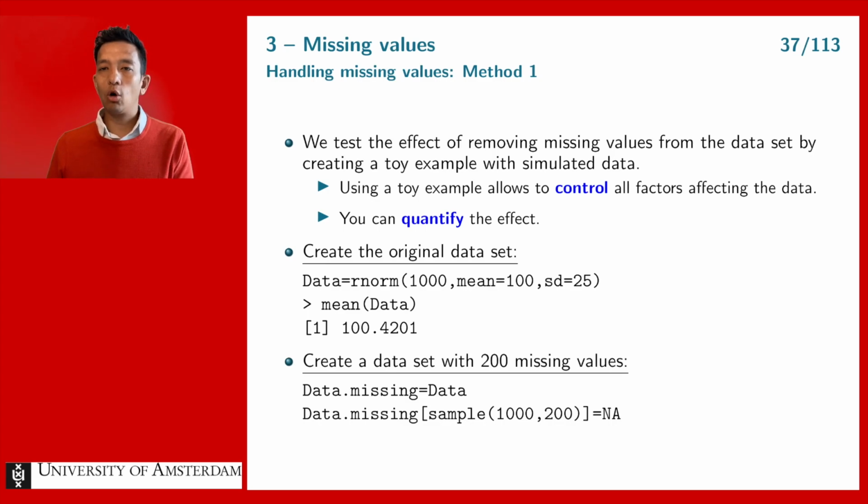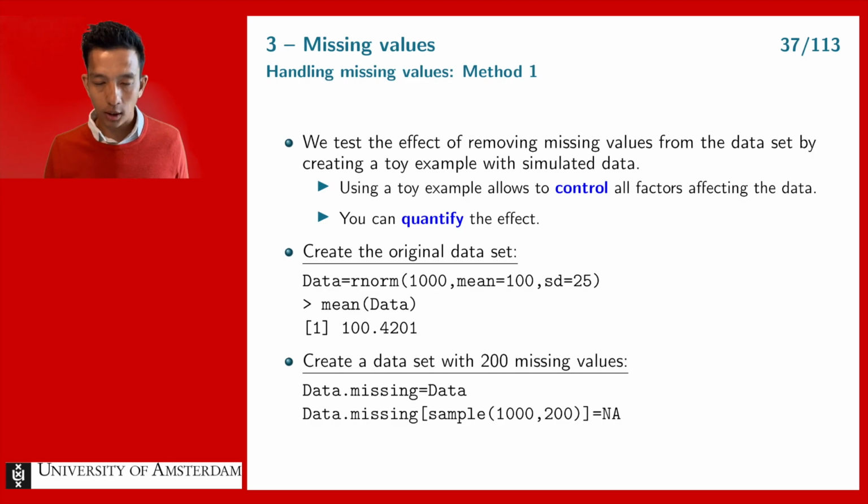You can determine your results, a mean or a variance, or apply a statistical model on your pre-processed data. But of course, you don't know what the results would be if there are no missing values, because you only have a data set with missing values. You don't have the original data set.